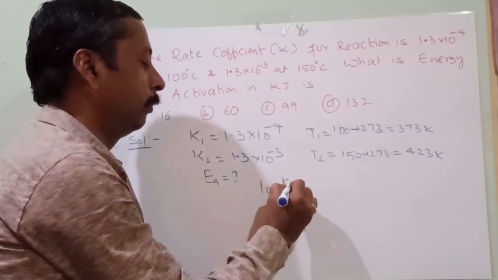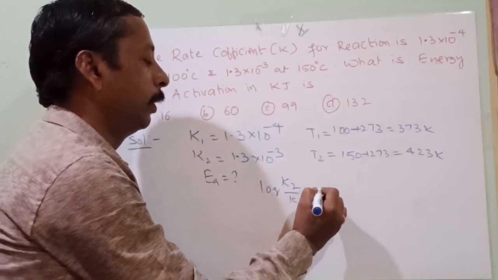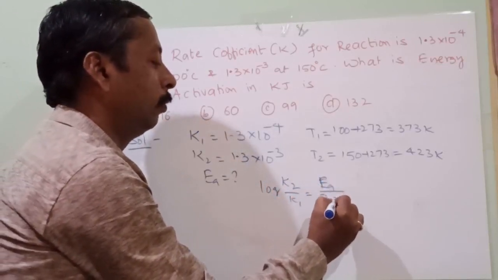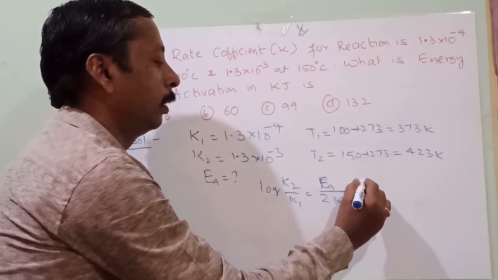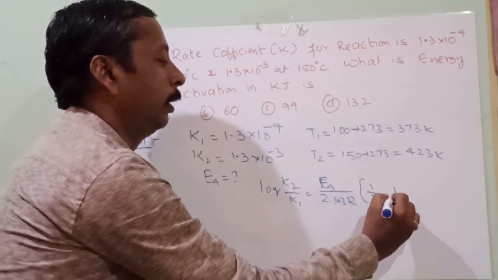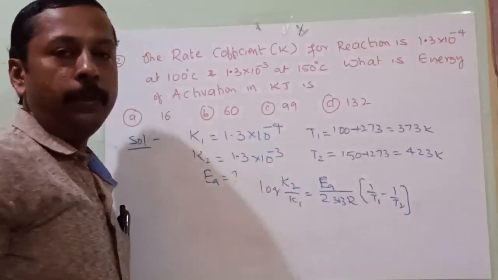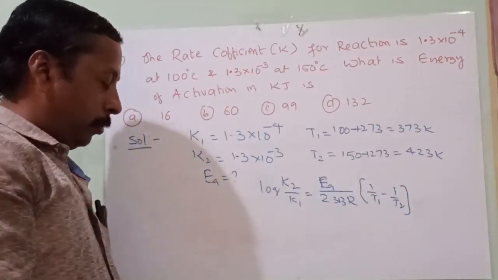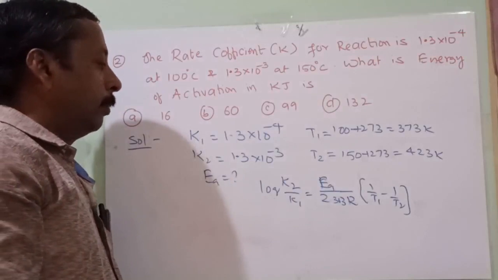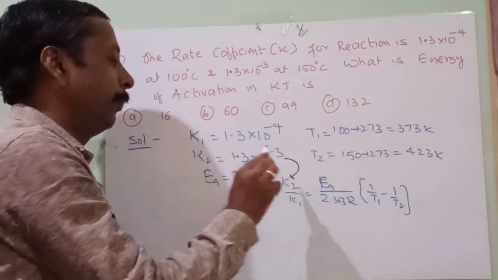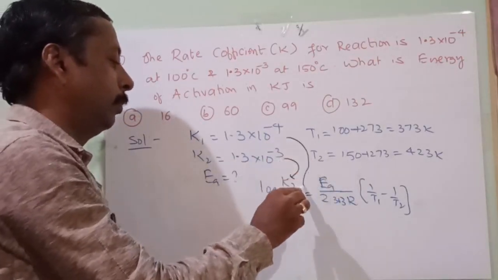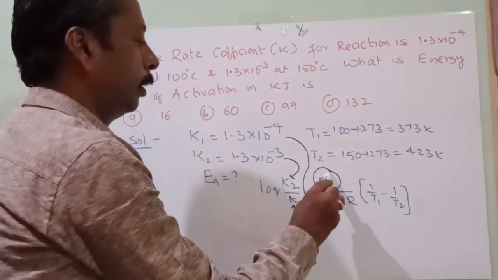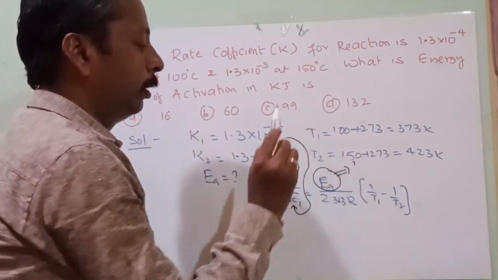Okay, what is the formula? Log K2 by K1 is equal to EA upon 2.303 R into 1 upon T1 minus 1 upon T2. Okay, so K2 I will substitute here, and K1 here, and EA is what I wanted to find out.